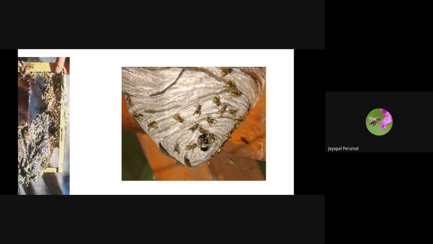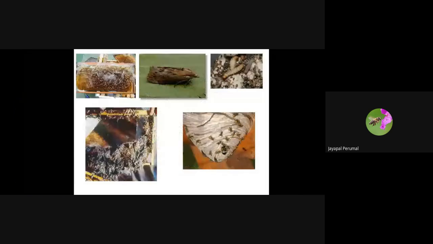The weaker the colony, the more these wasps are able to attack the honeybees and bring them to their nest to feed their young ones, that is, the larvae of these wasps. Also, the adult wasp eats the honeybees, adults as well as larvae. These wasps must be identified.